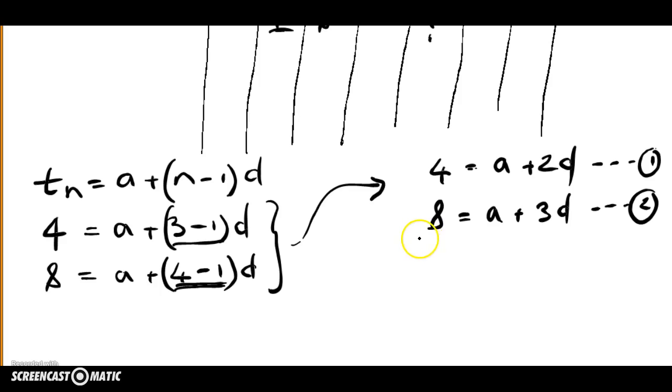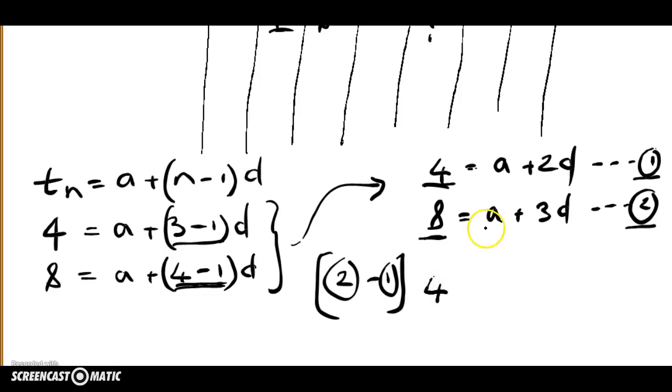I'm going to do it the other way around because I've got a large number here and a small number here. So take equation 2 and subtract equation 1. 8 minus 4 is 4. A minus a, cancelled. 3d minus 2d is just d. Look at that. D is 4.